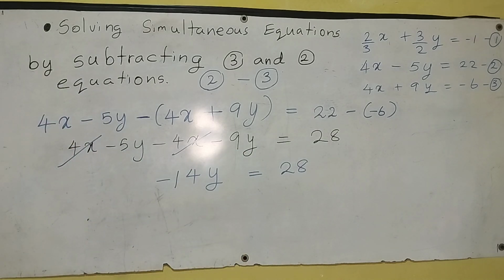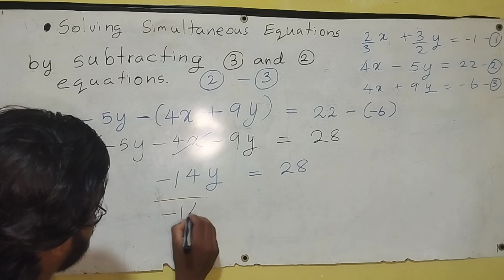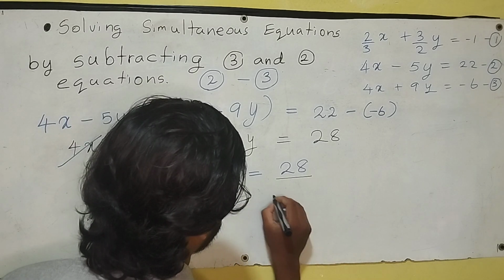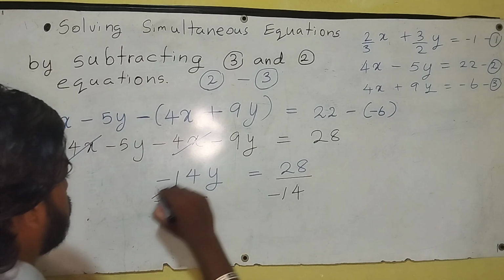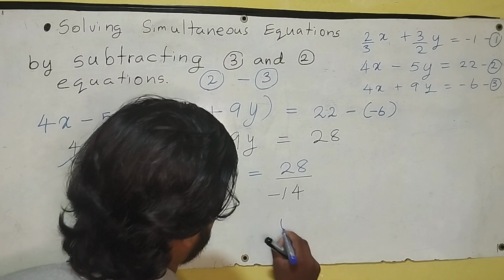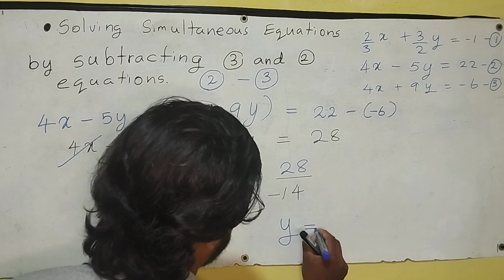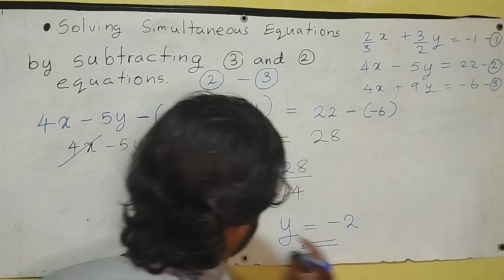Okay, now we can divide both sides by minus 14. Now what happens? Now we can obtain very easily y is equal to minus 2. Why?